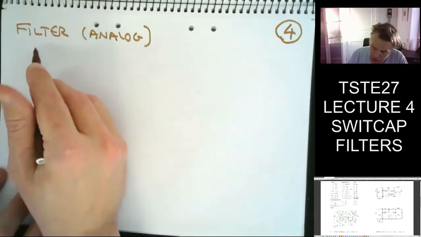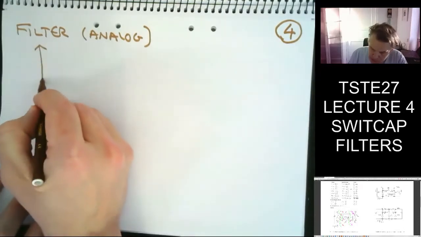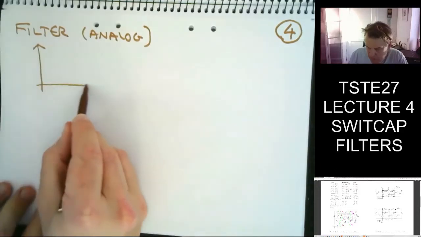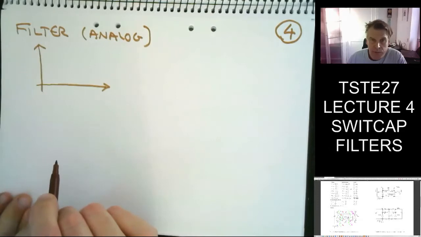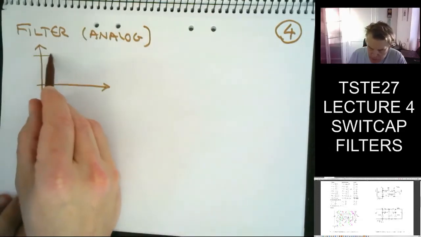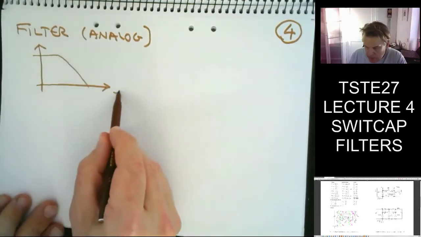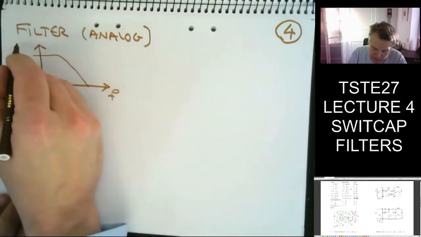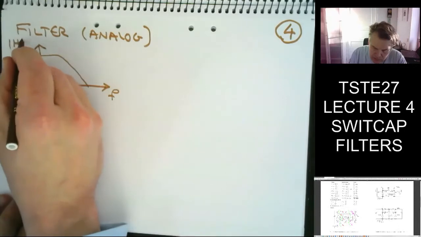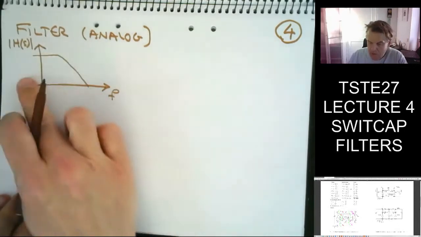So you probably have a quite good idea what a filter is. So I'm not going to spend super much time, but we know that a filter typically does a selection, a band selection of our frequency domain.